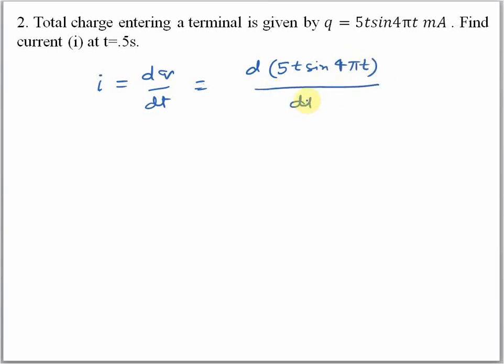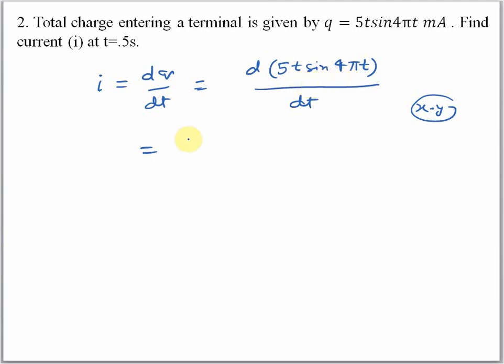upon dt. Then what will be the differentiation? Here is the differentiation of a product, like x times y. So first we differentiate the 5t, and after that sine 4 pi t.